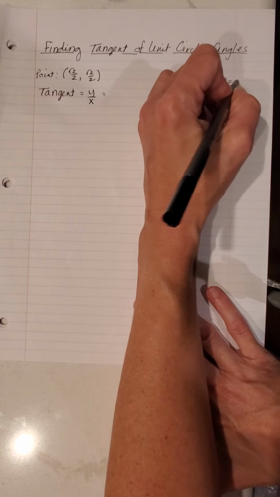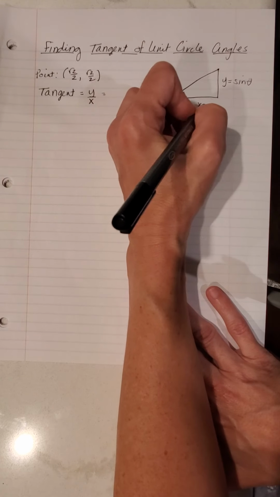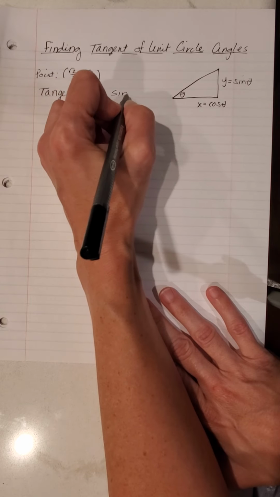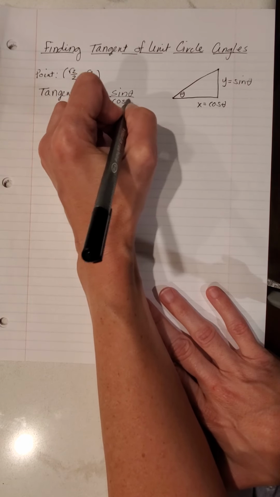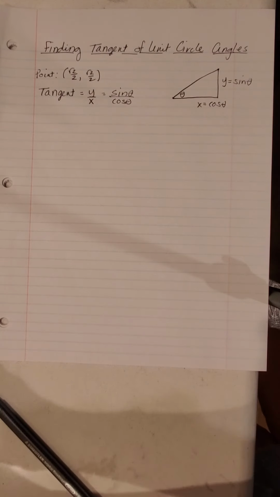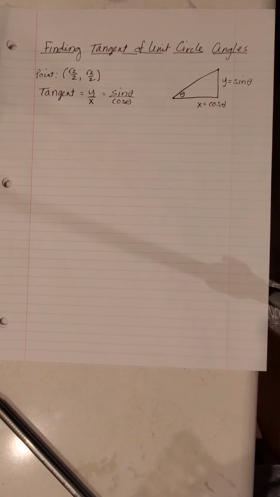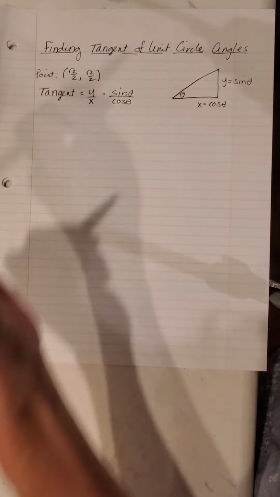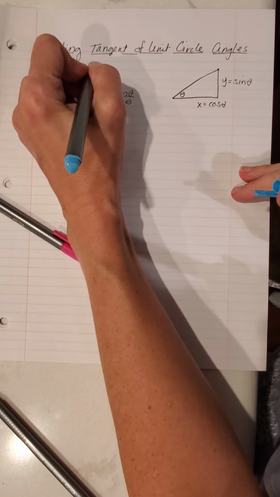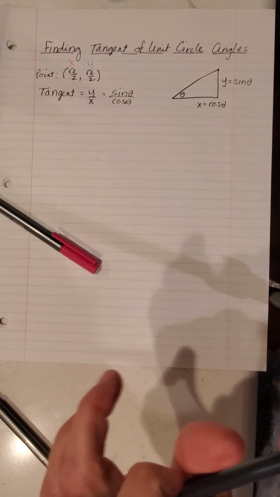And since y is the same as sine and x is the same as cosine, that means that tangent is sine over cosine. When you get to pre-calc, you will probably be doing that a whole bunch. You're going to see that a lot. And so what I'm going to do is this is going to be my x, and this is going to be my y because it's xy, and that's cosine and sine.